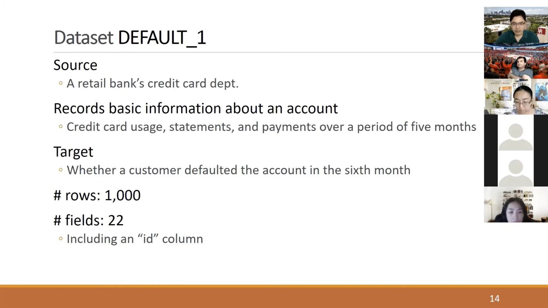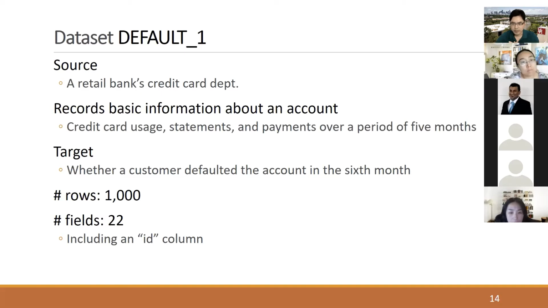And it includes basic account information as well as the activities in 5 months. And each month is recorded as a separate variable. So it has statement amount, it has payment amount, it has payment status, whether or not there is any late payment, as well as other information about the account, credit limit.